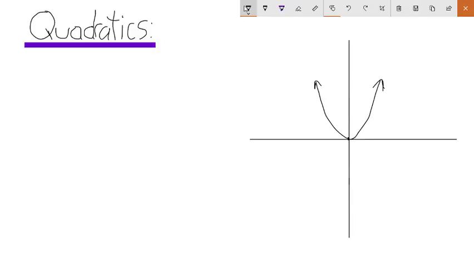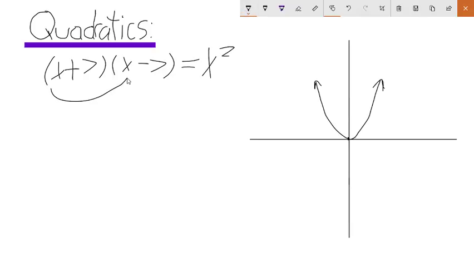So first, let's go ahead and complete a couple of expressions. Let's say we have x plus 7 times x minus 7. It's going to be first x times x, which is x squared.